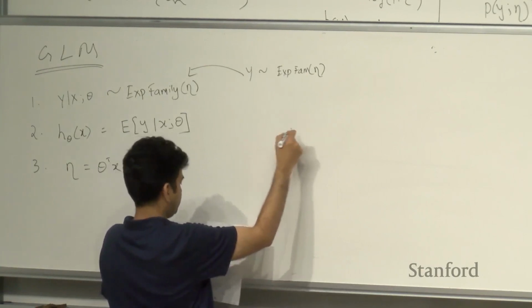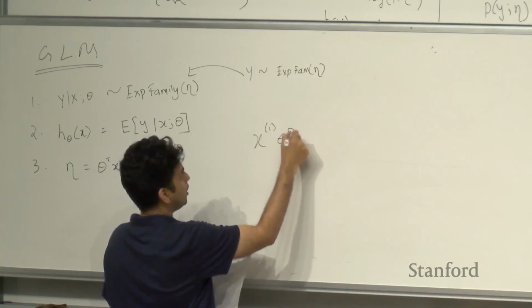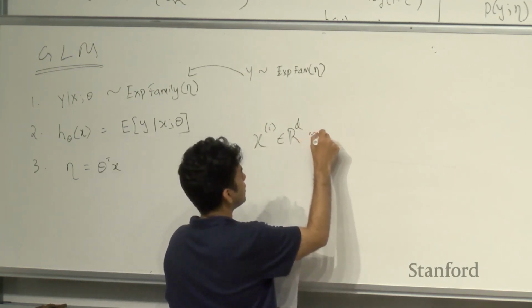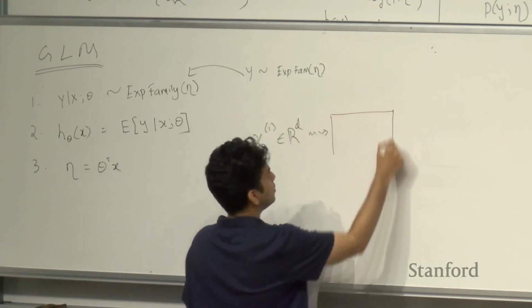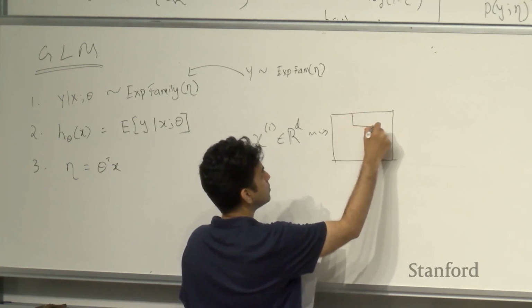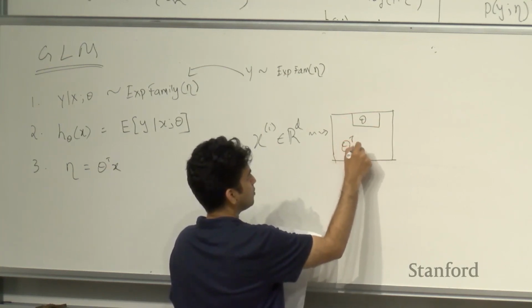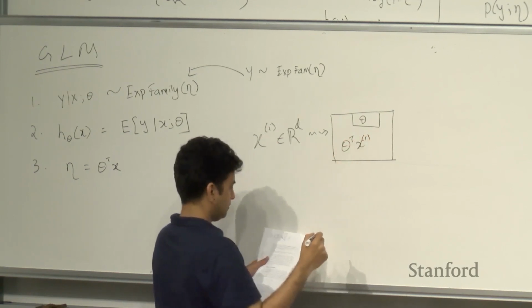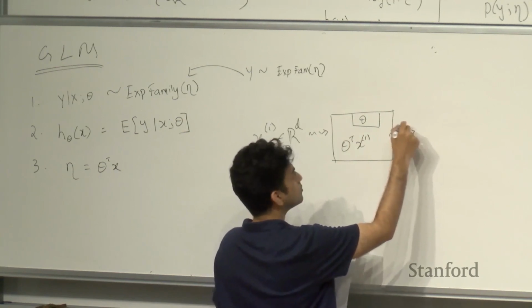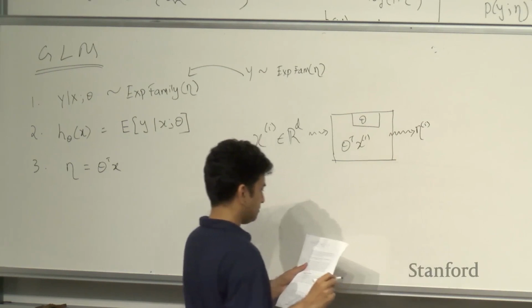We have some xi belonging to R^d. We run it through theta, computing theta transpose xi, and that outputs eta i.